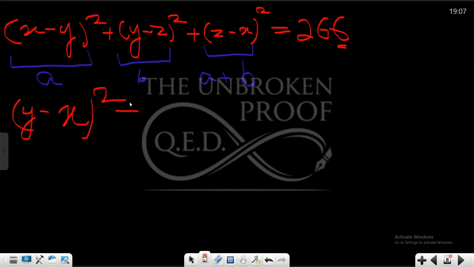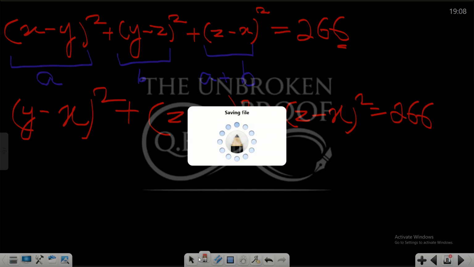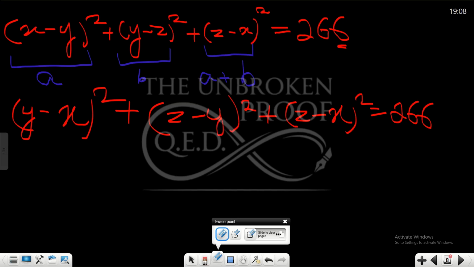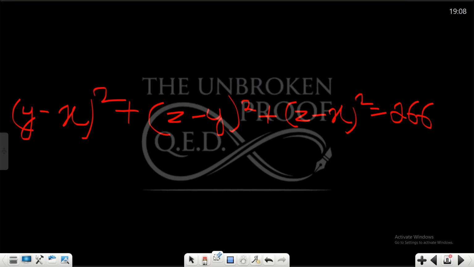Then similarly, if you sum, you will get z minus y whole square, and finally z minus x whole square, and this should be 266. So let me remove the equation above. Okay, we have removed it.